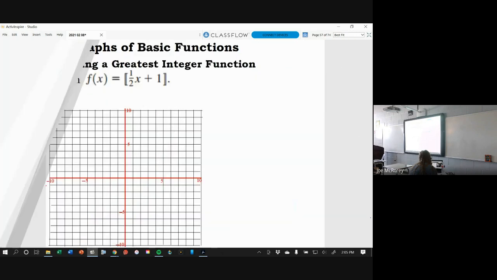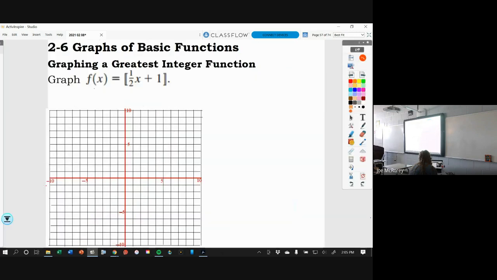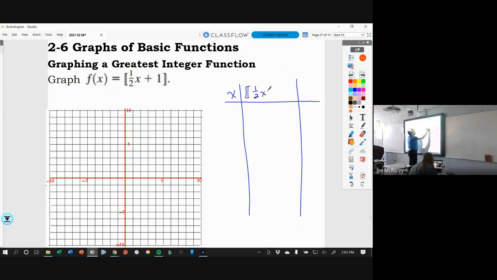Okay. So let's do a greatest integer function problem. We're going to graph this. I've made a modified t-table to graph this, and I'm going to start at 0.